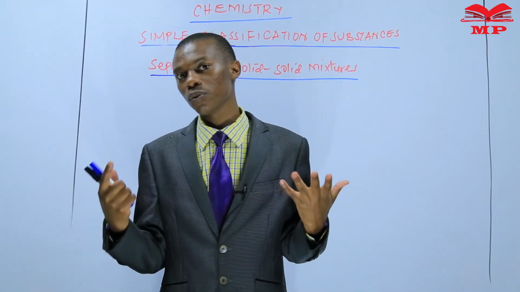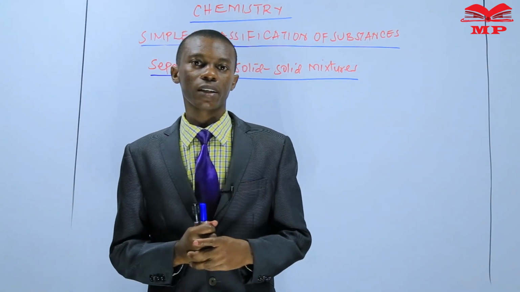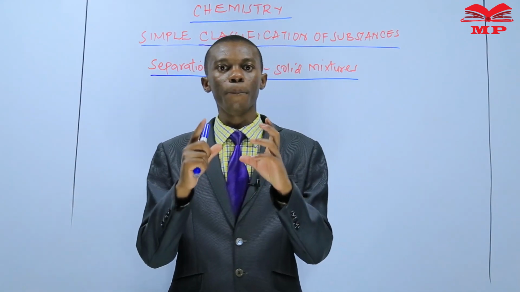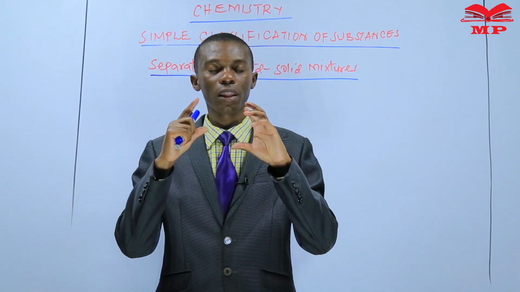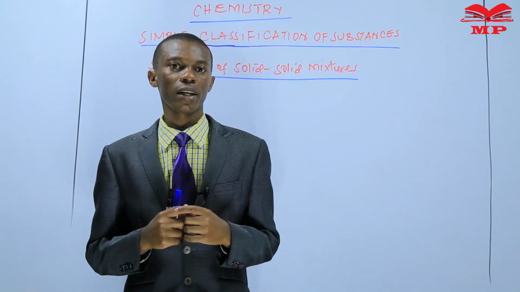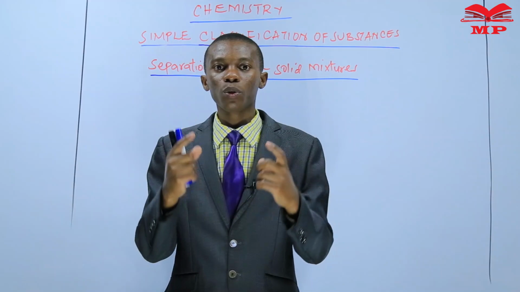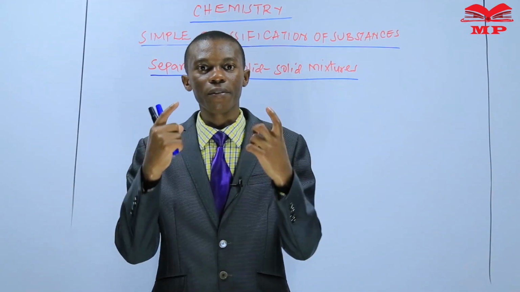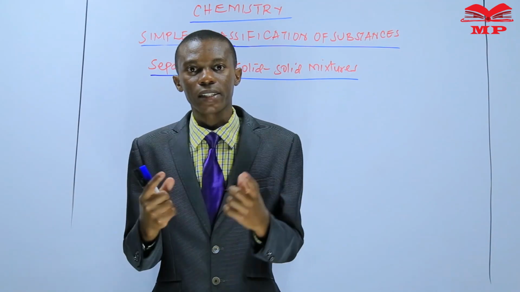I know you did those mixtures. And you said that these two mixtures are physically combined together, which means that you can separate them. And you separate them using their physical characteristics.